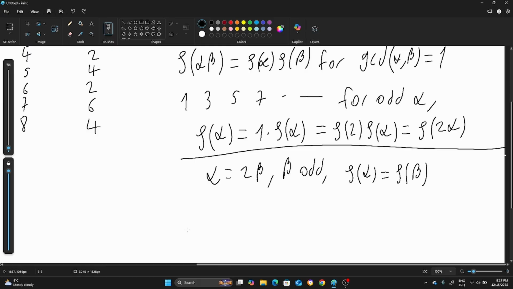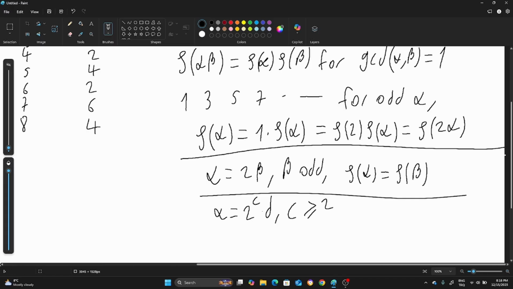So this brings us to alpha equals 2 to the c times d, for c greater than or equal to 2, let's say. Because if c is equal to 1, then we can easily divide by 2 to get beta. If c is equal to 0, we can just multiply by 2 to get the same value.